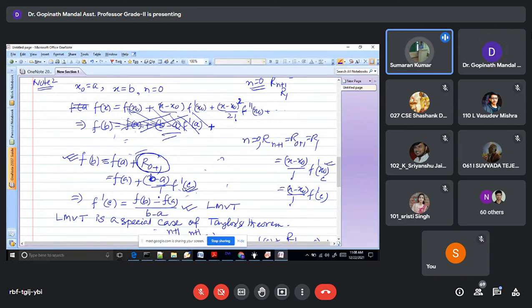The function is written inside, that is right, but this is also wrong.